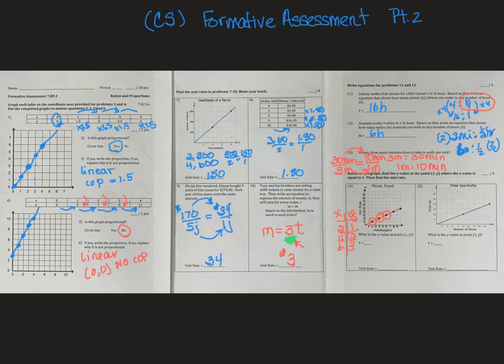And I can make a little table here, and I can tell that every time I'm multiplying by 1/2 or 0.5, right? 2 is 1/2 of 4. 3 is 1/2 of 6. So y is, you could either write 0.5 or 1/2. And if that's what y is, then that's what the unit rate is, 0.5 or 1/2.